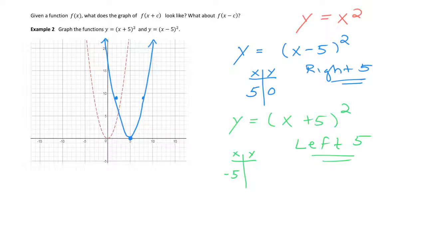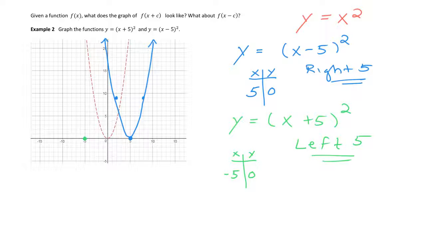If I use negative 5 for x and place that here, I'm making the inside of the function equal 0. And if you square 0, you get 0 back. That's the point (-5, 0). So on this new function, the point that was at (0, 0) in fact moved left 5 places. And that's true for every single point that lies on this function.